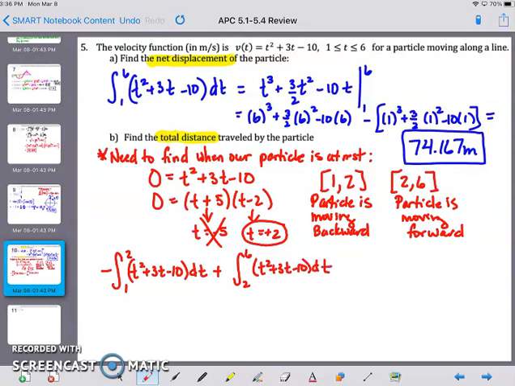And then I can just do these calculations. Well, I already did the integration in part A, so I already know that it's t cubed over 3 plus 3/2 t squared minus 10t.